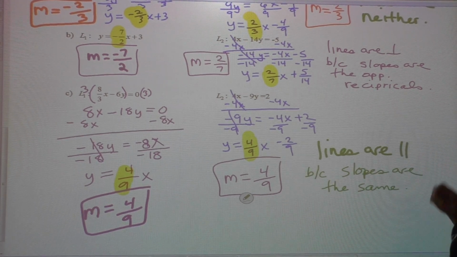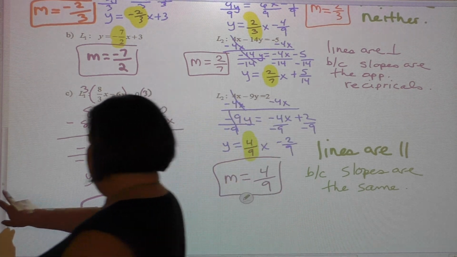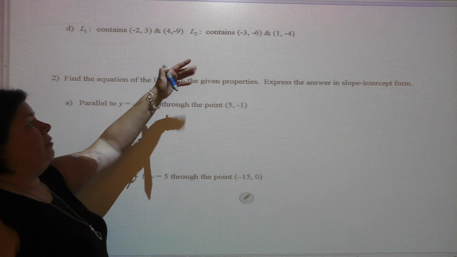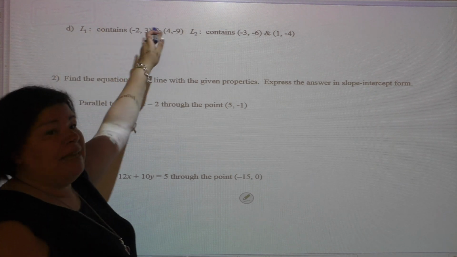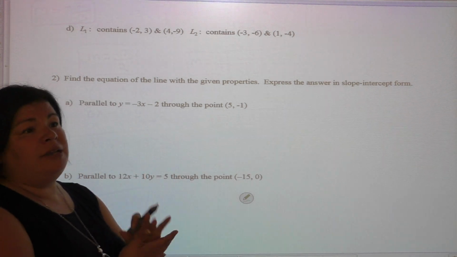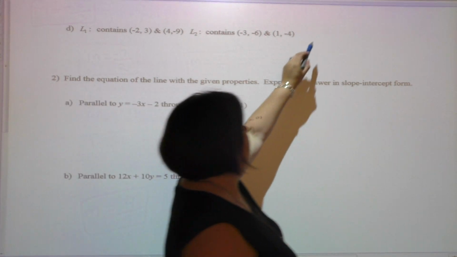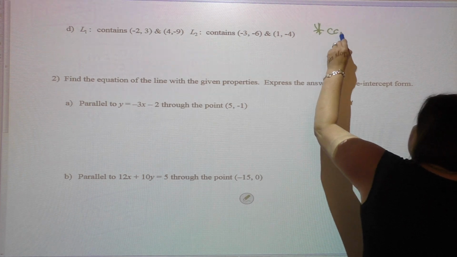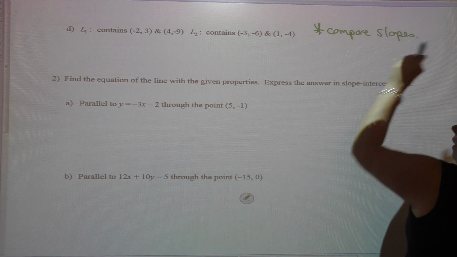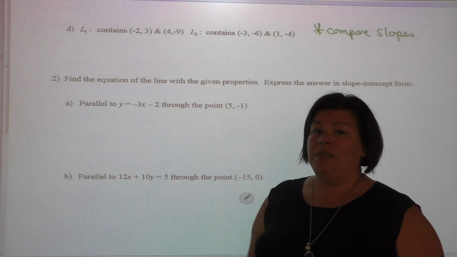Okay? And if we go ahead and look at our next example, they're asking us, what about a line 1 that contains these points and a line 2 that contains these points? Well, all we have to do is compare the slopes, so we're just going to calculate the slope for each of these lines.